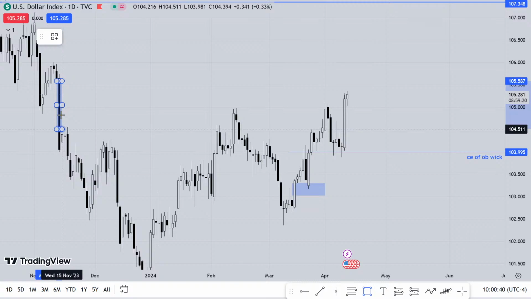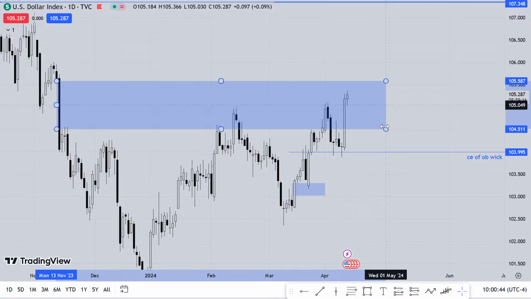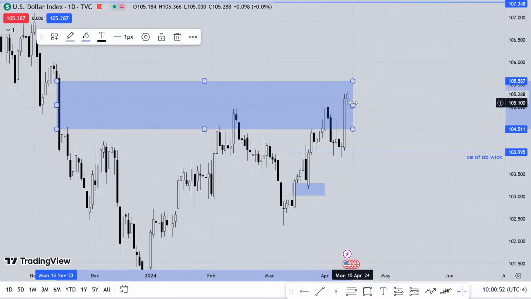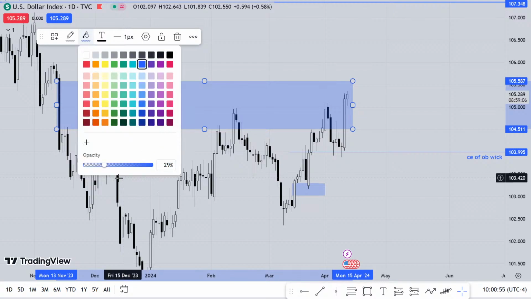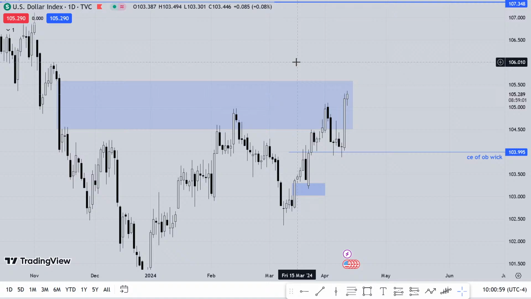So this is the imbalance we're currently trading inside. Trading inside this imbalance.